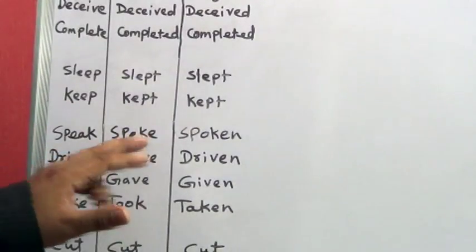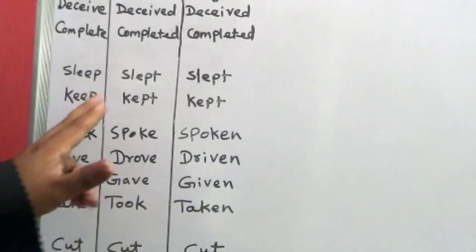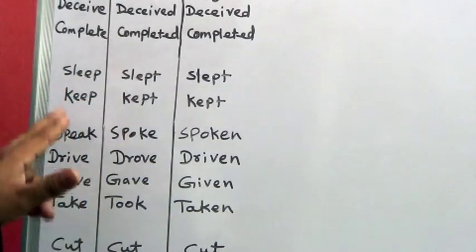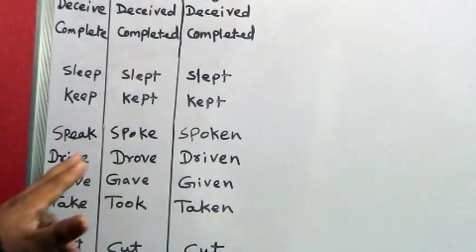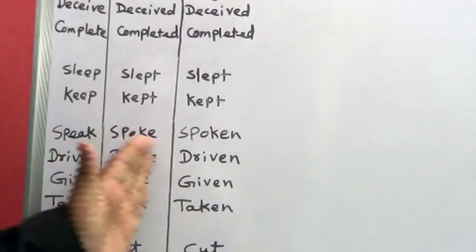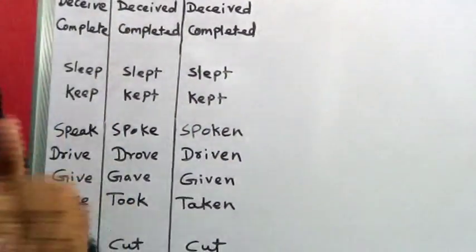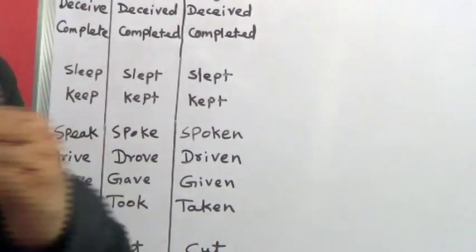Second form is spoke and third form is spoken. तो यहाँ पे अलग अलग फॉर्म्स में अलग अलग शब्द का इस्तेमाल होता है. Similarly, drive, drove, driven, give, gave, given. So here you need to remember the third form of irregular verb because they do not follow the normal ed pattern.